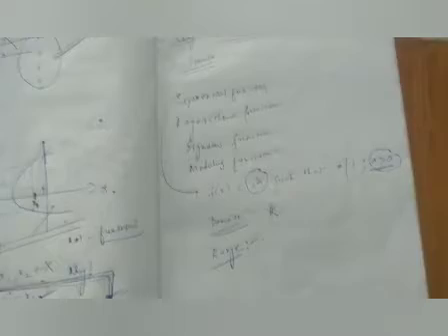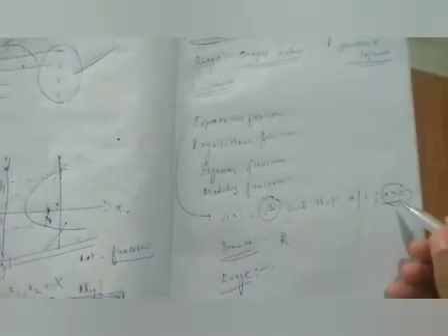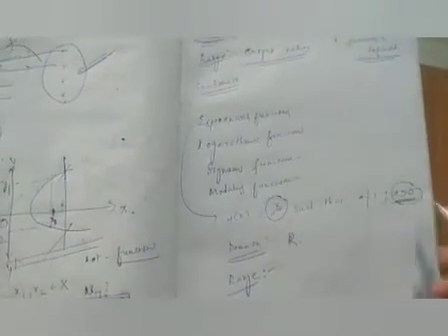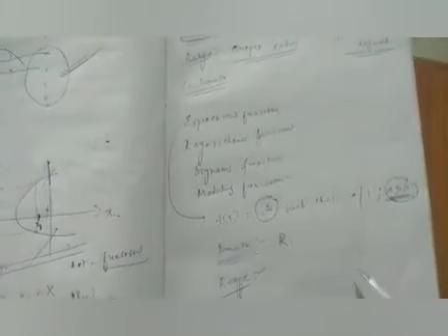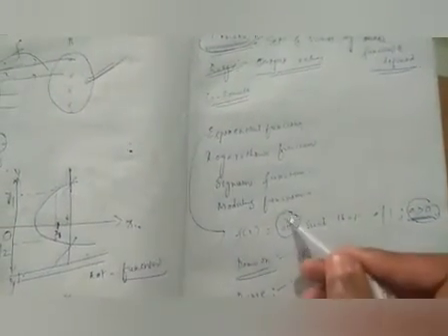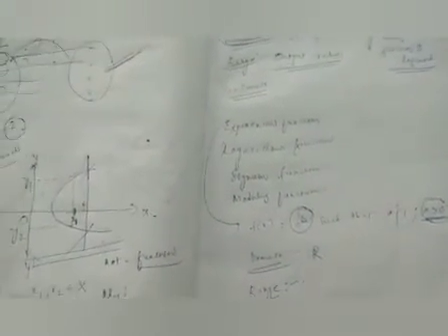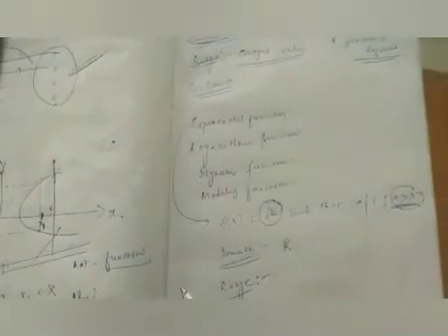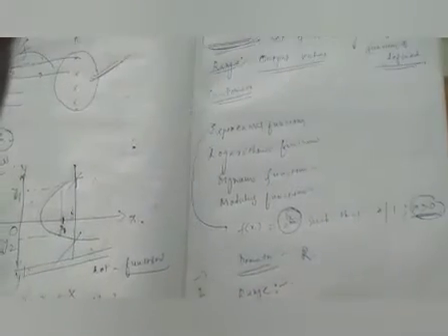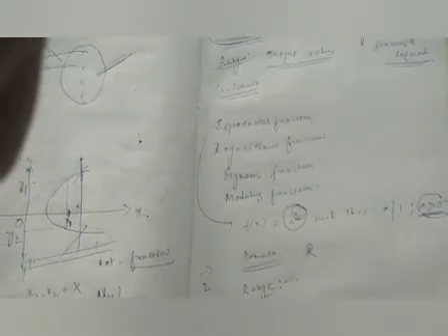I think you can get it. For every value of a greater than 0, if we take x to be negative, let a be 2, let it be minus 3, it will be 1 by 2 power 3, 1 by 8, right?